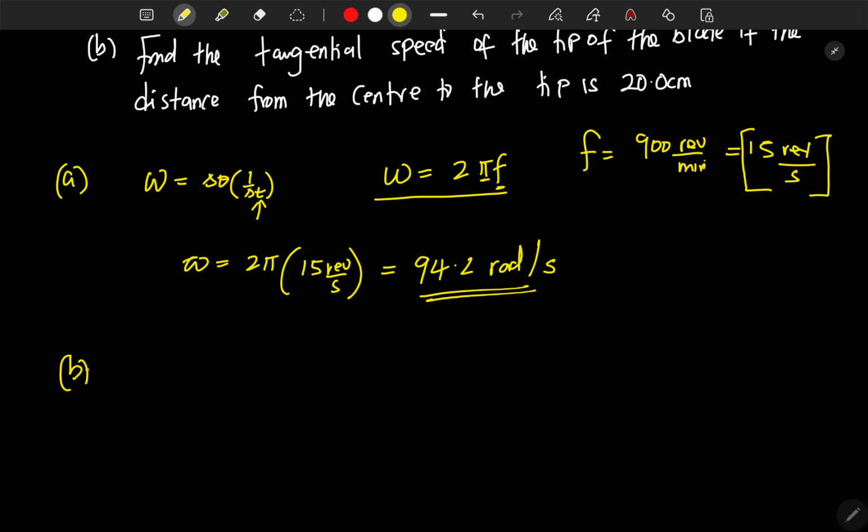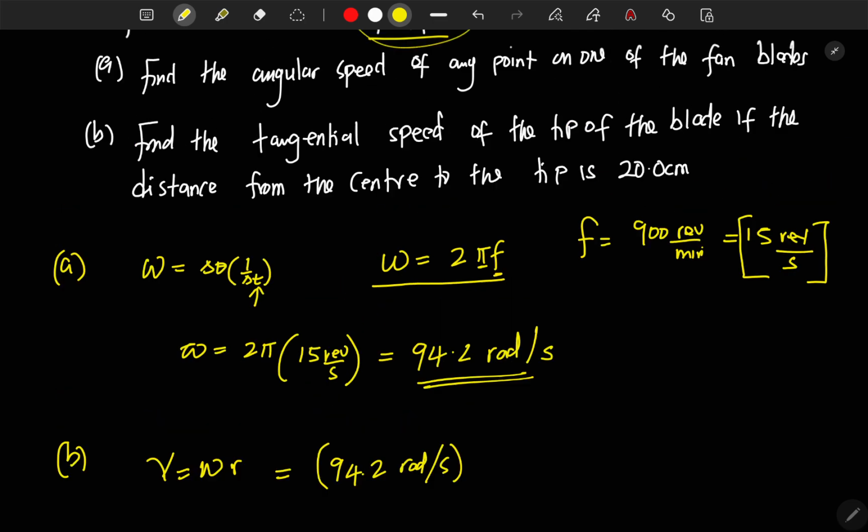Now B says how do we find the tangential speed? Remember the relationship between the tangential components and the circular components. We said tangential velocity is the product of the angular velocity and the radius itself. All right, so we've just found 94.2 rad per second.